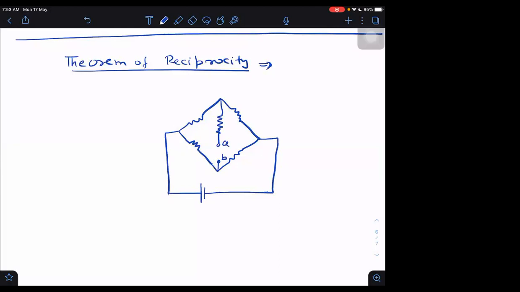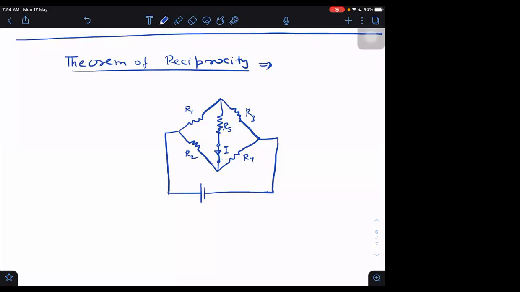A and B are two terminals here, and in between those two, the current is I. These are some resistances R1, R2, R3, R4, R5. This is any network, which may not be a balanced Wheatstone bridge. It may be an unbalanced Wheatstone bridge also, or it may be any other network.